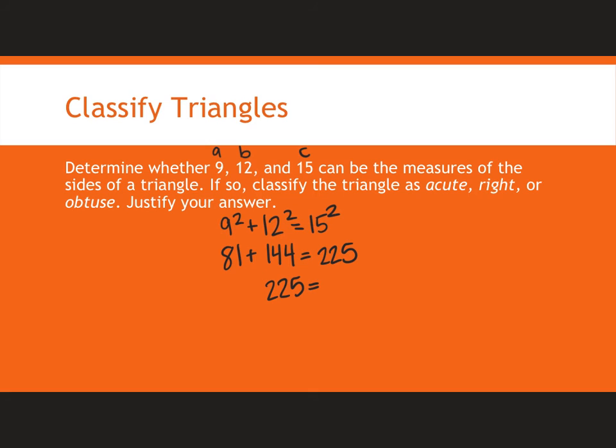So 225 is equal to 225. So if this is true, then that means this is a right triangle. And really, maybe you noticed that it was a variation of 3, 4, and 5, but we wanted to work it out because it says justify your answer. Okay, so this is a right triangle because 225 is equal to 225.